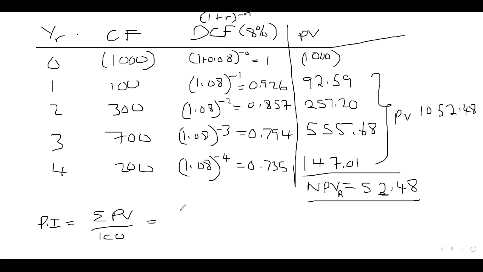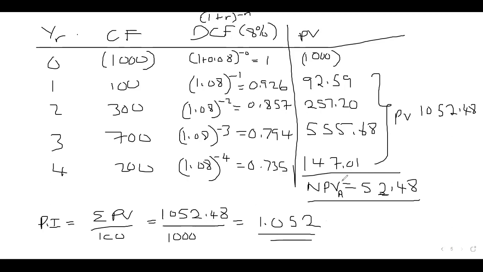So we always select a project if the profitability index is more than 1, or when the NPV is positive. So here, if we divide this one by 1,000, the initial cost, 1.052. So this is the profitability index. So profitability index is easy to calculate, especially after you calculate your NPV. These ones move together very easily.